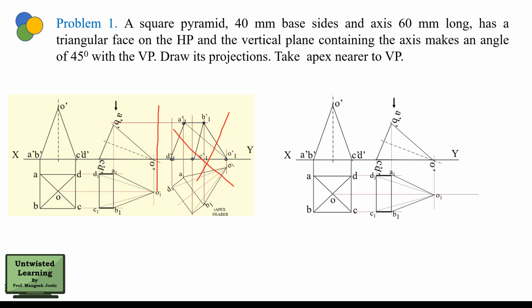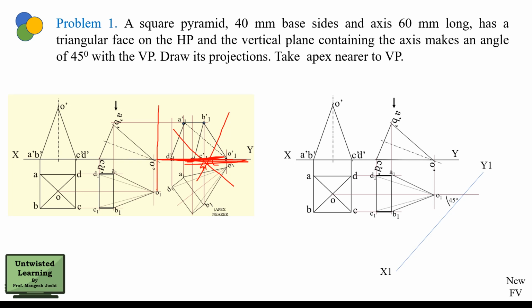Now I will incline this XY line at 45 degrees. Earlier you inclined your object at 45 degrees. Now I am taking this XY line and inclining it to your axis. Okay, so this is the change that you have to do.